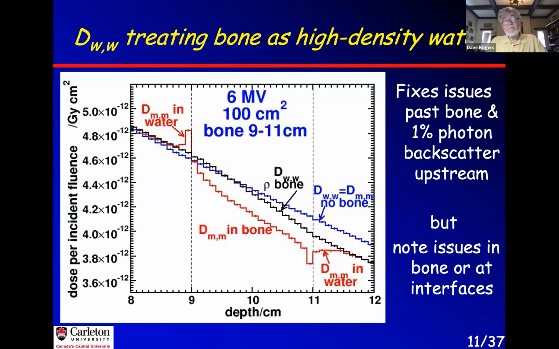And so this is now just an example. Again, in a Monte Carlo calculation, we can do the equivalent thing of just saying, let's make the high density water where the bone was. And we can do that in this region down through the middle here, shown by the black line. And you can see that as you go through it, the attenuation decreases the dose because it's more dense. And after you get out of the dense region, we're back in normal water.